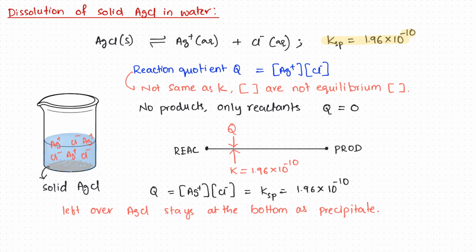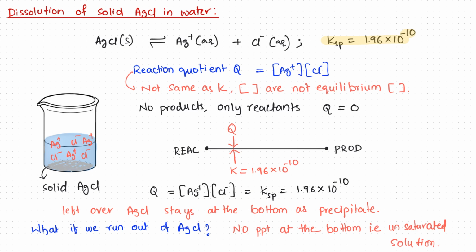If we have more AgCl, then it stays as solid precipitate at the bottom of the solution. What if we run out of all the AgCl before the product of the concentration of Ag plus and Cl minus reaches the Ksp value? In that case, all the AgCl is soluble in water and forms an unsaturated solution without a solid precipitate at the bottom of the solution.